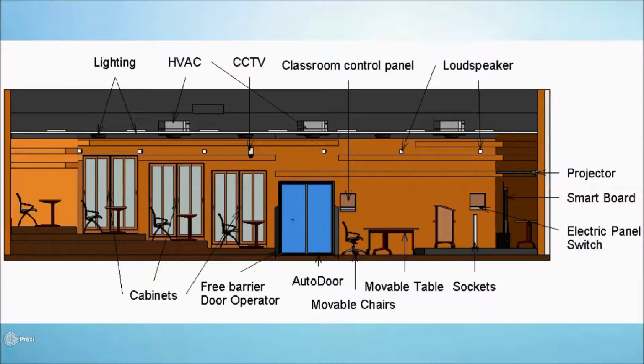And there are advanced sockets, also with some different kinds of panels like the electric panel and classroom control panel to control any electronic supplies, appliances, and also the loudspeaker and furniture.